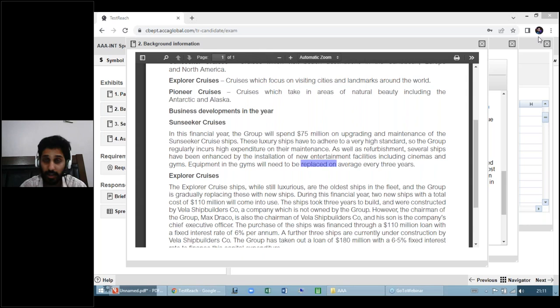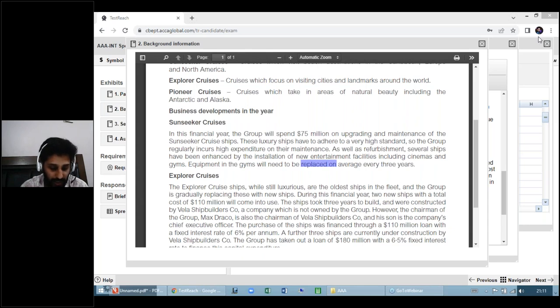According to IAS 16, the gym equipment and the cinemas should be separately split and separately depreciated over 3 years. Now what is the potential risk?